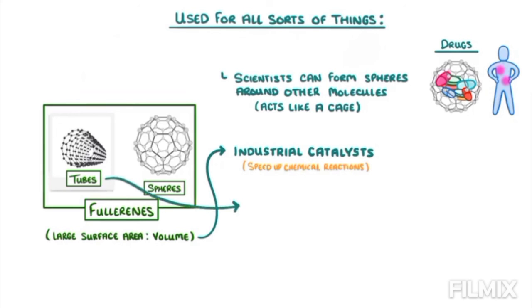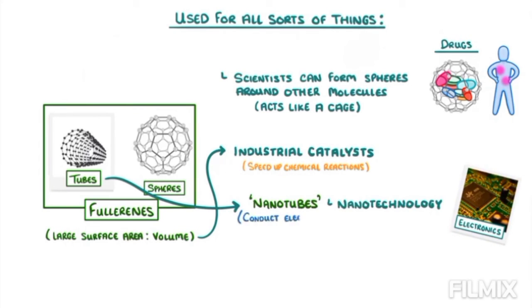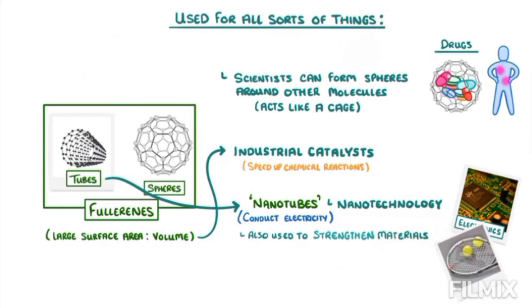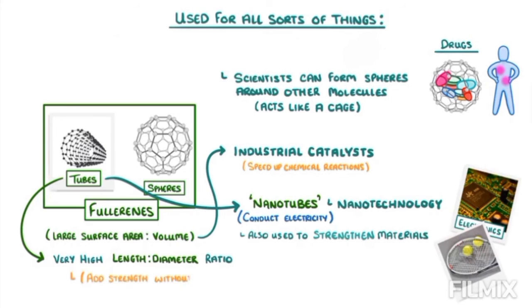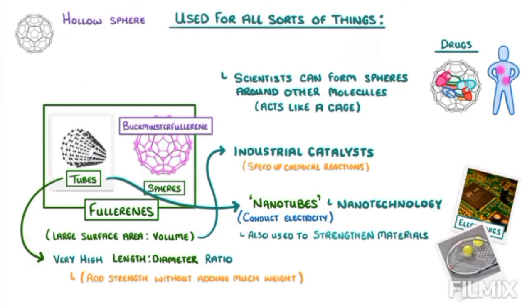Since they have a large surface area, they are used as industrial catalysts for speeding up chemical reactions. Also, nanotubes are used in nanotechnology for strengthening materials, such as in electronics, and for giving strength to things like badminton bats. They have high strength without adding any weight.